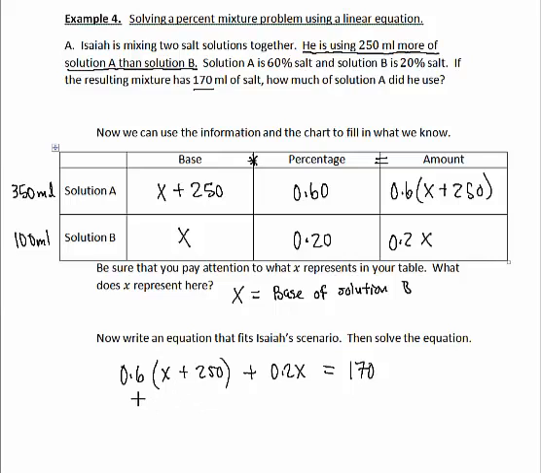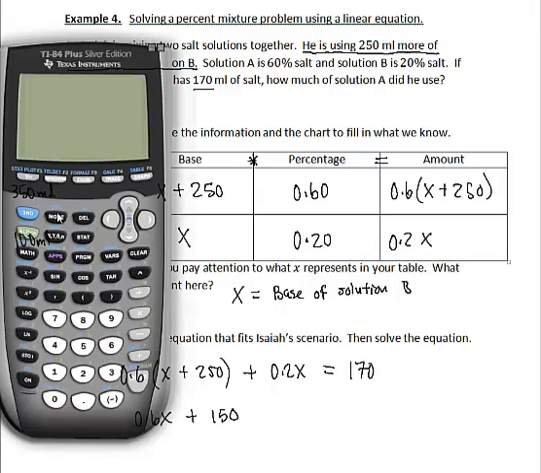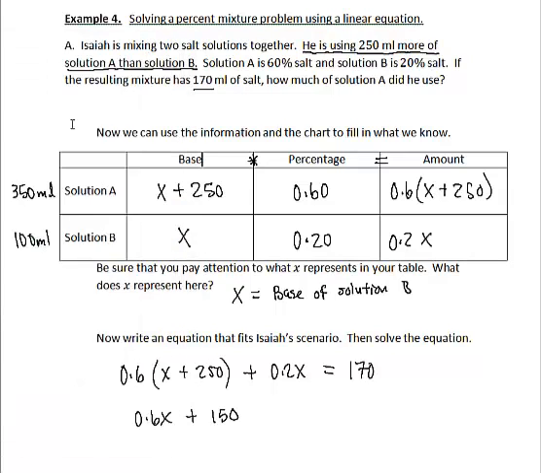We get rid of our parentheses first, and so we have 0.6x plus, okay, 60% of 100 is 60, and so 60% of 50 is 30, and so 60 plus 60 plus 30 would give us 150. I think that's correct. Let me check it with my calculator. I just want to make sure. 250 times 0.6. Enter. Yeah. Alright, 150.